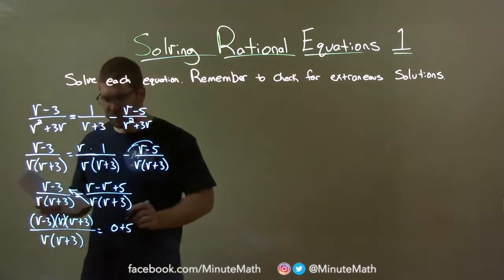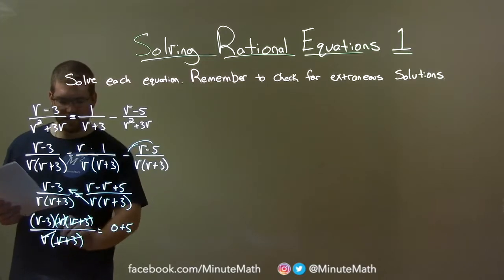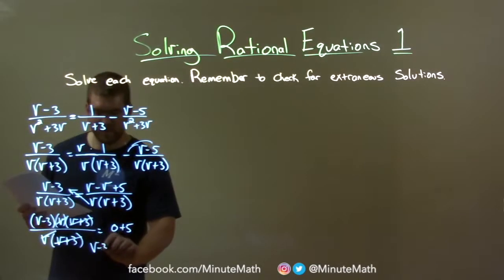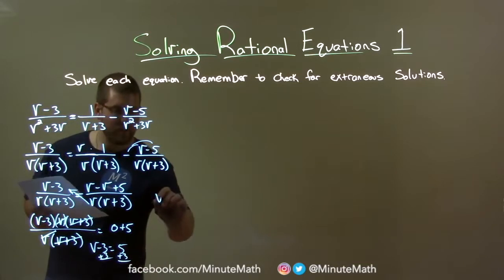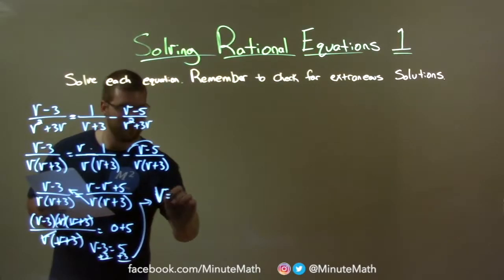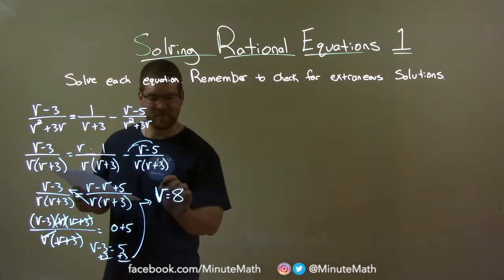Luckily, the v plus 3 cancels, the v cancels, and we're left with something pretty easy. We have just v minus 3 left over, equals 0 plus 5, which is 5. Add a 3 to both sides, and v is all by itself. We can write it right here. So v equals 5 plus 3, which is 8.